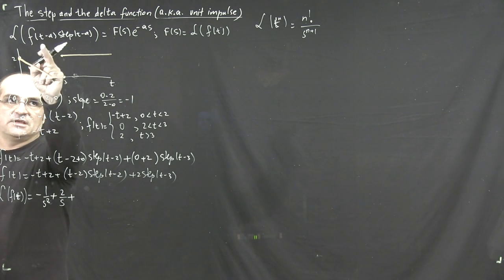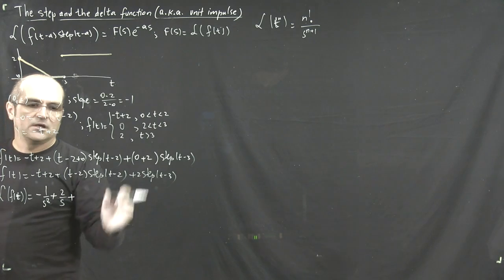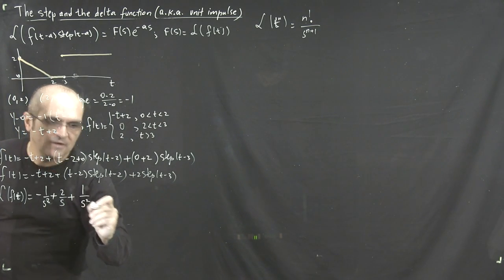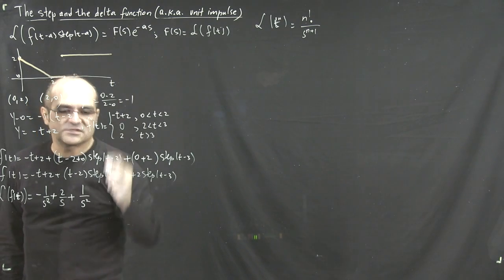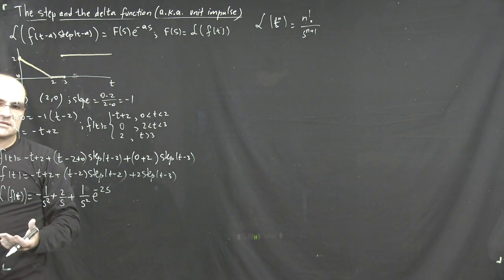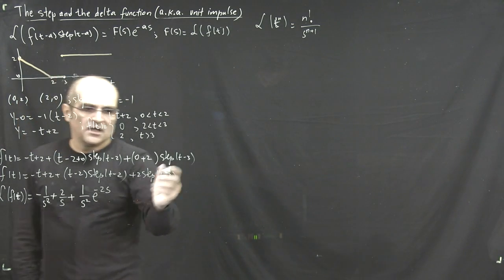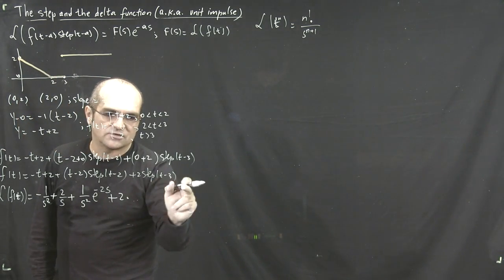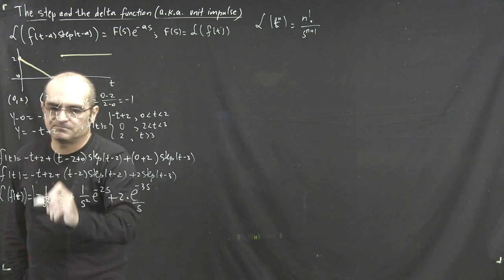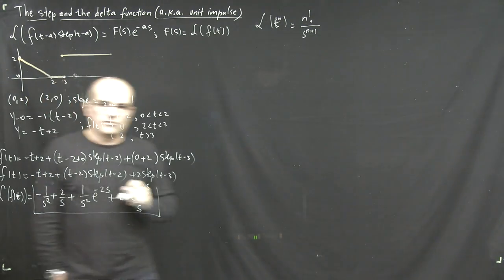Substitution: t minus 2 becomes t. L of t, again, is 1 over s squared, and this becomes e to the minus 2s. And this last one is just 2 times the Laplace of the step at t minus 3, which is e to the minus 3s over s. And so that's the Laplace transform of this function.